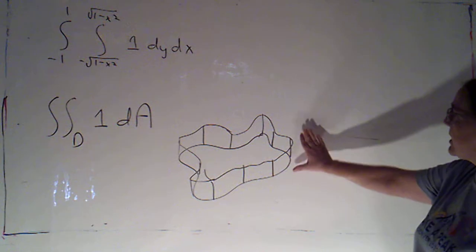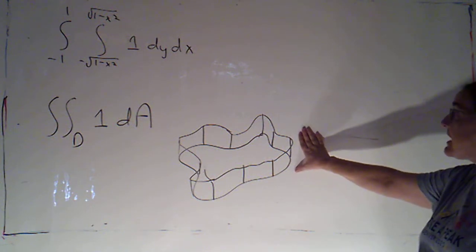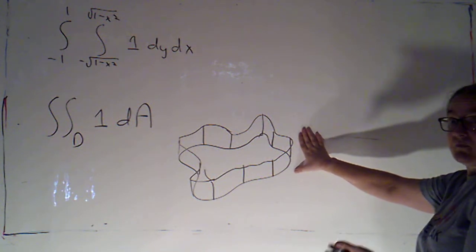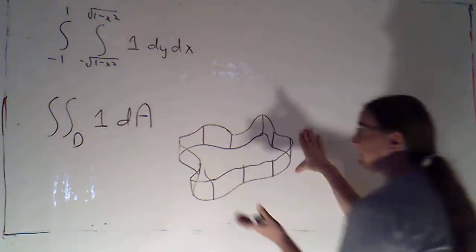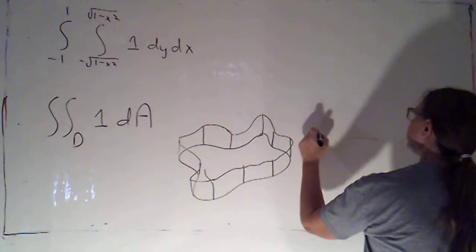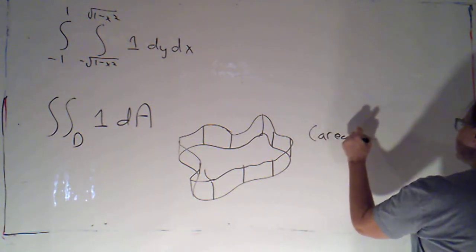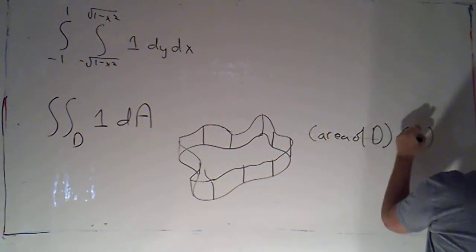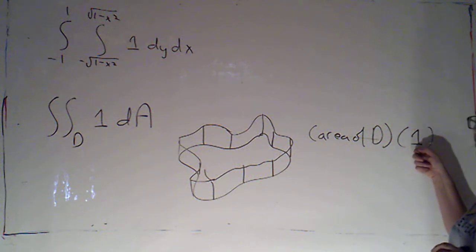Not too bad. But what I'm calculating is a signed volume, because my height is positive, I'm actually getting a volume, but I'm simply getting the area of the base, which is D, times that constant height of 1.